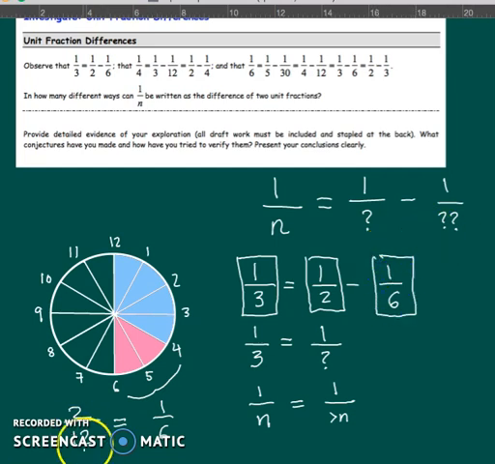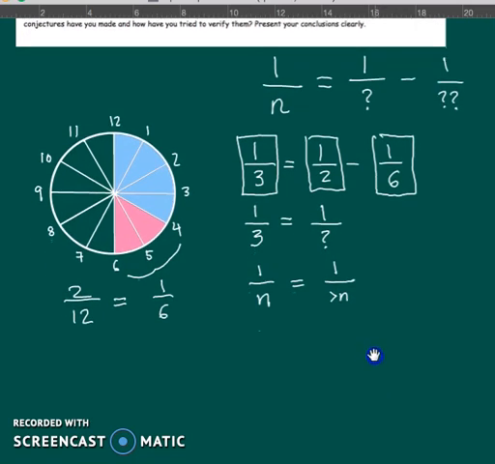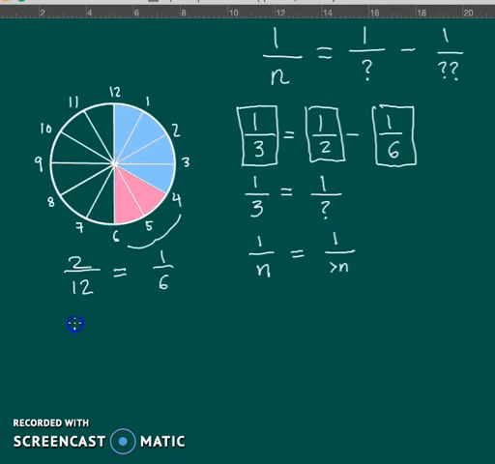Okay, so let's think about this for a second. How many other unit fractions can we use in order to get to 1/3 as the difference? Well, they need to take up more room than 1/3. We know that, right? So we need this unit fraction here to be bigger than 1/3, which means that the denominator has to be smaller.